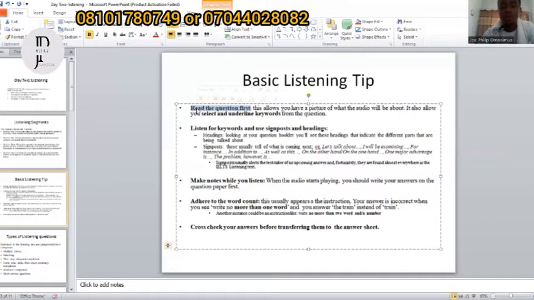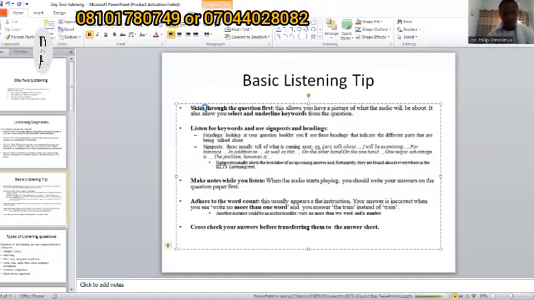So read the question first. This allows you to have a picture. In fact, not read, skim through the question first. So let me quickly correct it. Skim through. So I guess that makes more sense.